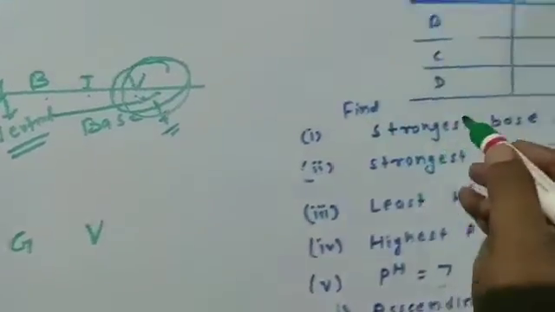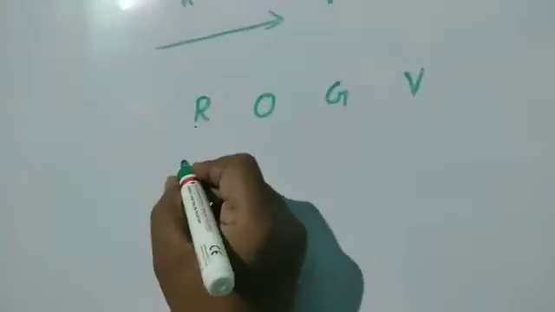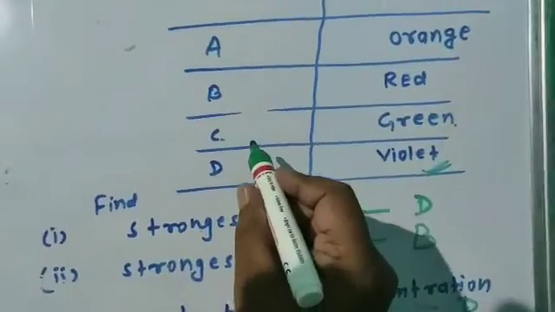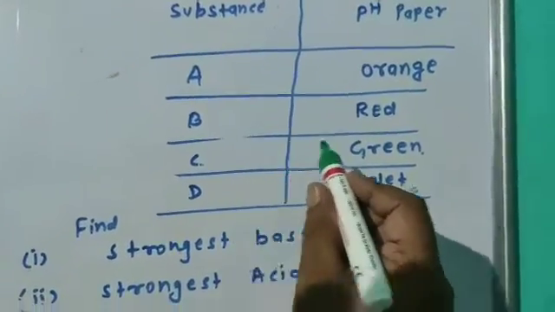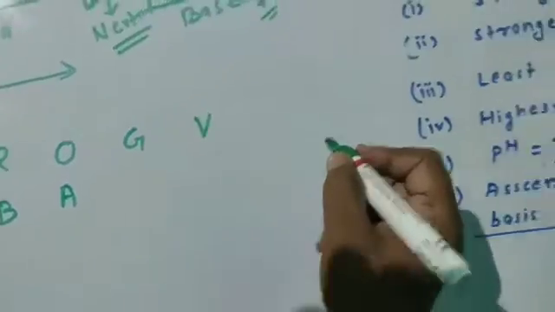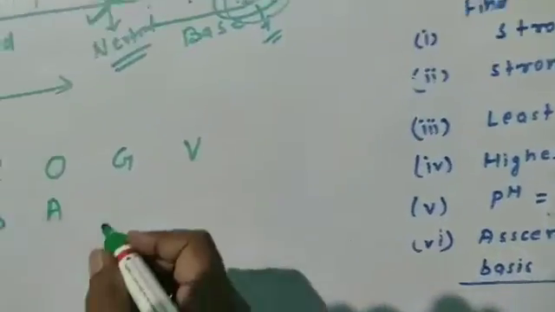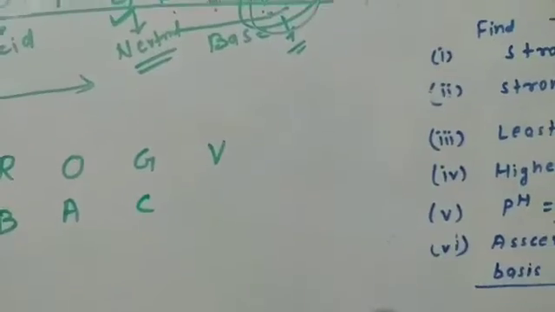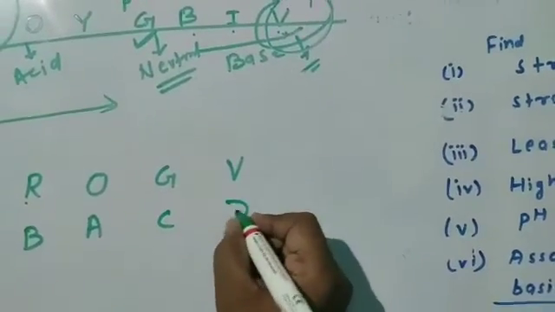Red refers to B, orange refers to A, green refers to C, and D is violet.